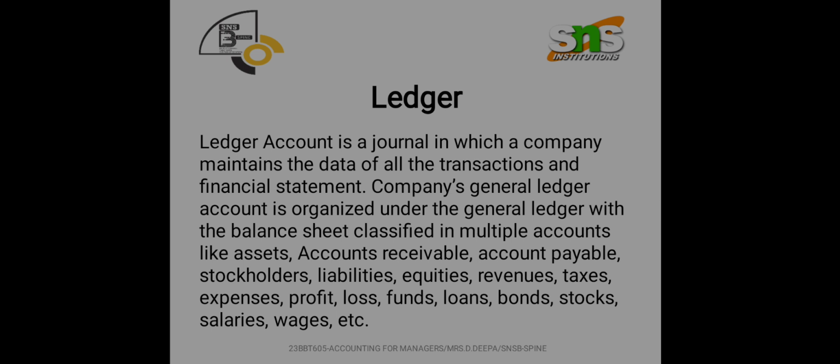So this general ledger with the balance sheet is classified in multiple accounts like assets, accounts receivable, accounts payable, stockholders, liabilities, equities, revenues, taxes, expenses, profit, loss, funds, loans, bonds, stocks, salaries, wages. See, so many different classifications are here.